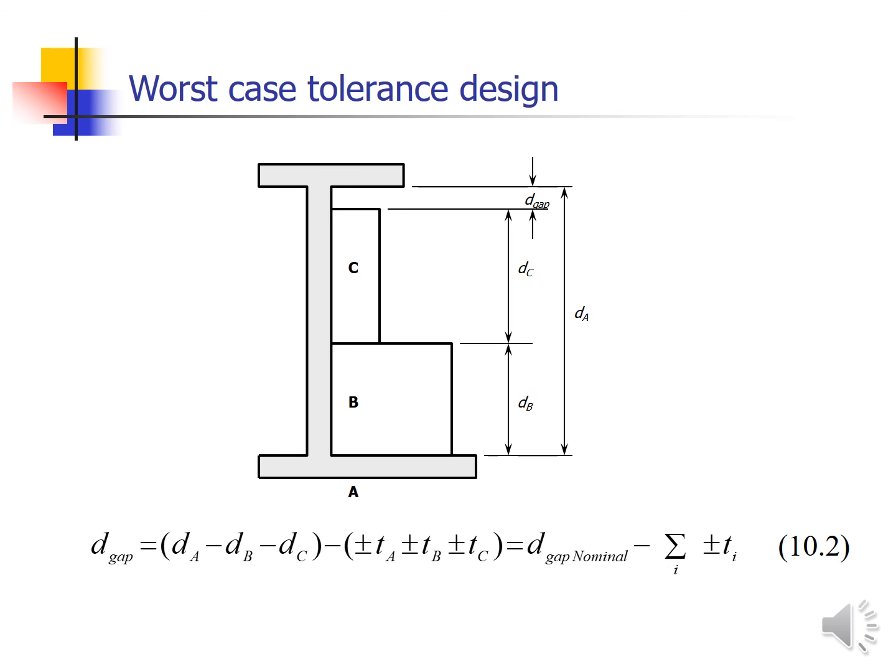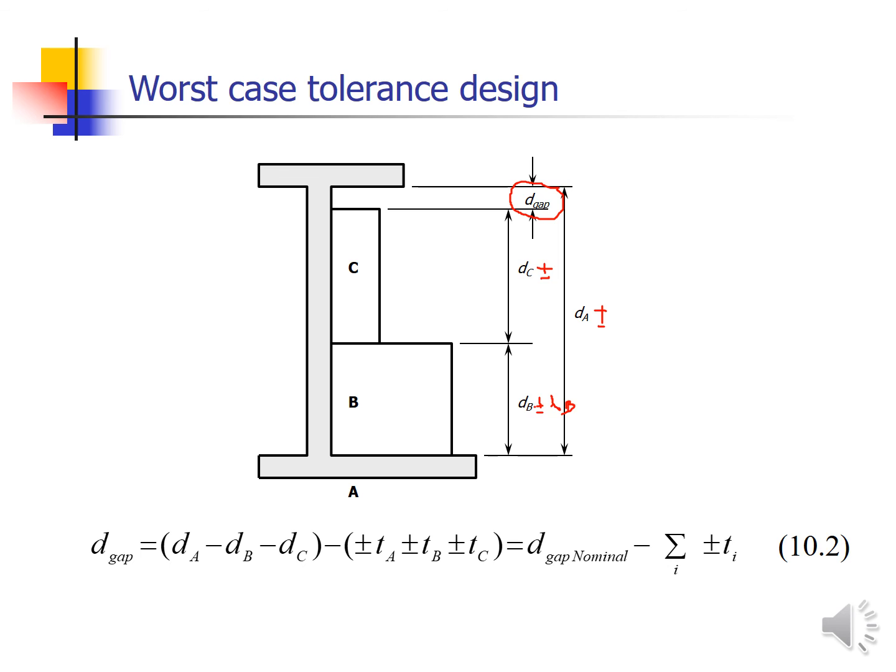Also here we have a tolerance plus minus T A, T B. This here also we have a plus minus, and then this also we have a plus minus. Okay, from this we want to get the gap.